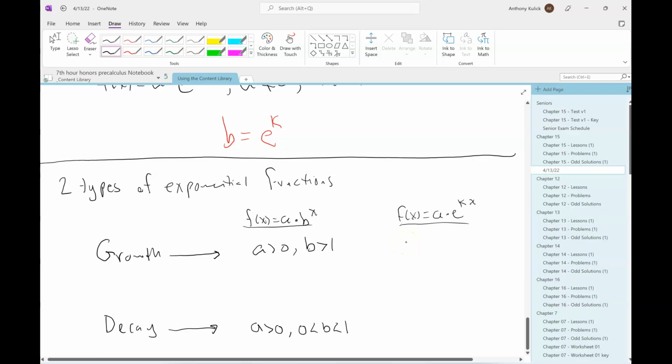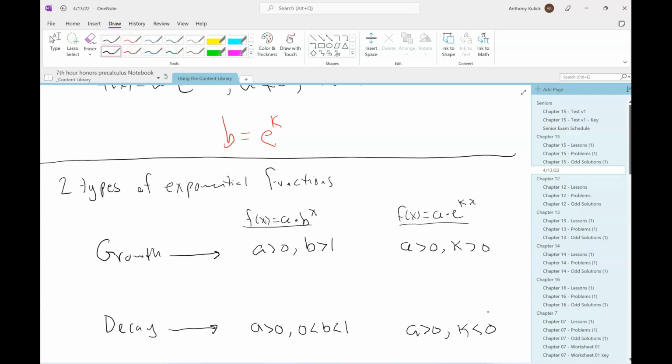So in our classical equation, we know that if A is greater than 0 and B is greater than 1, that would imply it's going to be growth. And then for decay, A would be positive, and then B would be between 0 and 1. For the new version that involves this letter E, the growth is going to be A is greater than 0 and K is greater than 0. And decay is going to be A greater than 0, but K less than 0.